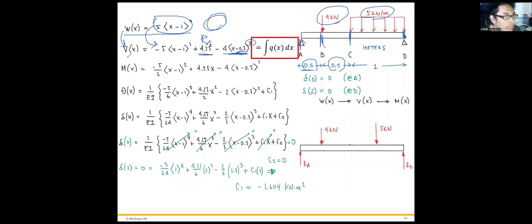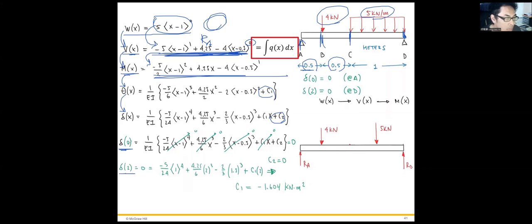Then we can take the integration of the shear equation to get the moment. Take the integration of this equation, we get the moment. We take the integration of the moment, we get the slope. And we take the integration, we get the deflection. After the two integrations, there are two constants, C1 and C2, and then we use the boundary conditions.